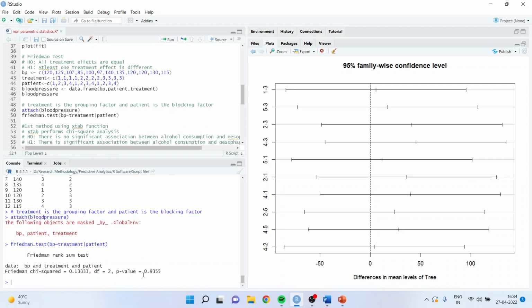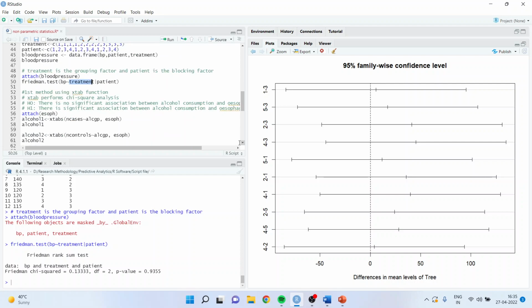I get the answer that the p-value is more than 0.05, therefore we fail to reject the null. It means that there is no significant effect of the treatment. Three types of treatments are there. There is no significant effect of treatment on the blood pressure when we are blocking the patient. This is the Friedman test.